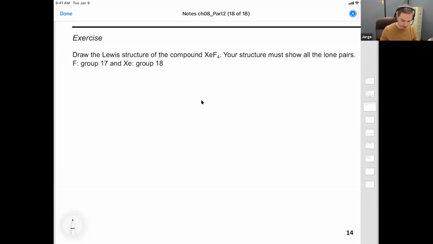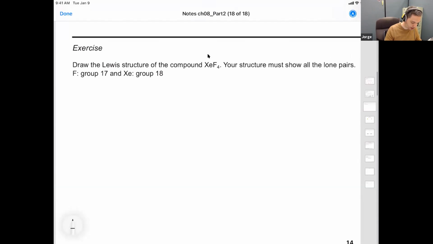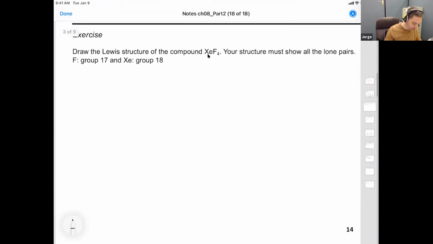Okay, so let's see what we can come up with for the Lewis structure of XeF4. Let's start using the Clark's rule to figure out what's going on with this compound. Clark's rule will always give us some sort of hint to start building the structure.